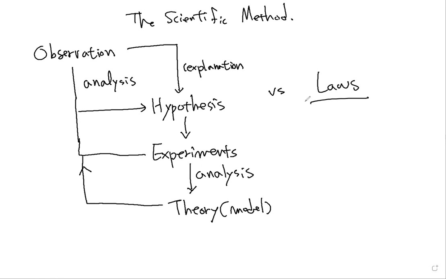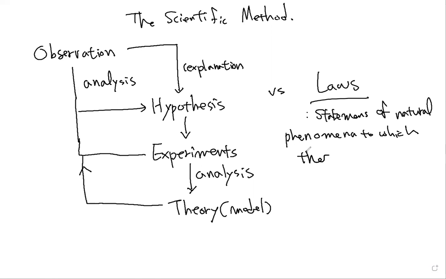Then I think we have to know what a law, a hypothesis and a theory are. Well, a law is a statement of natural phenomena to which there are no known exceptions.